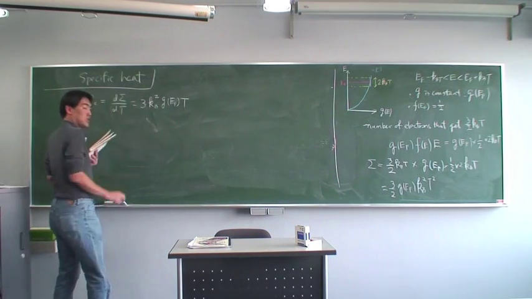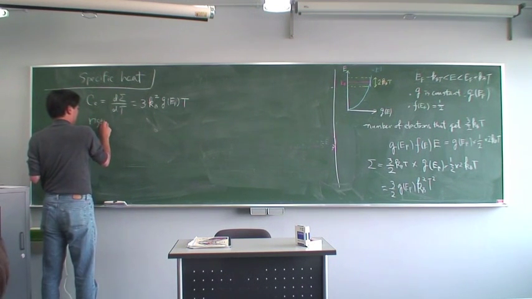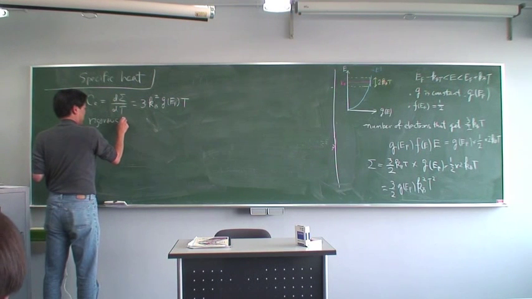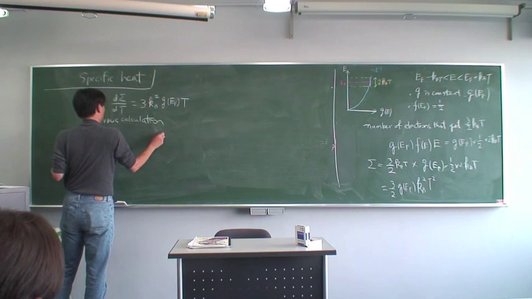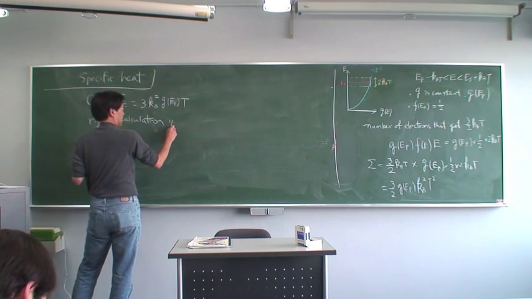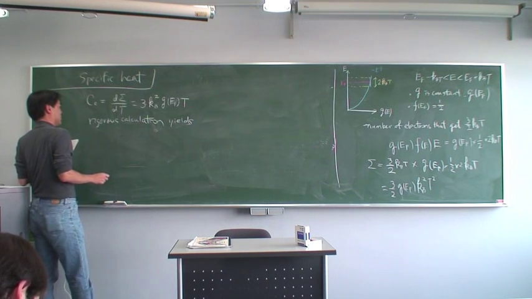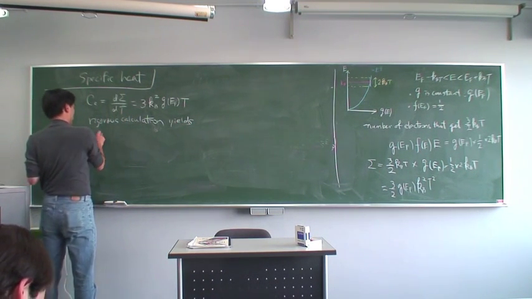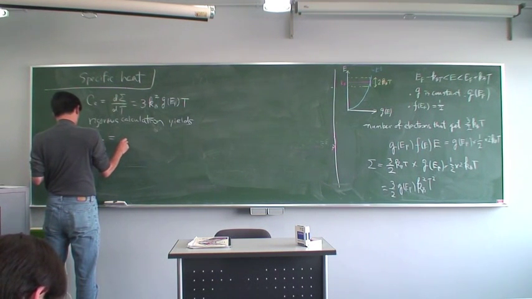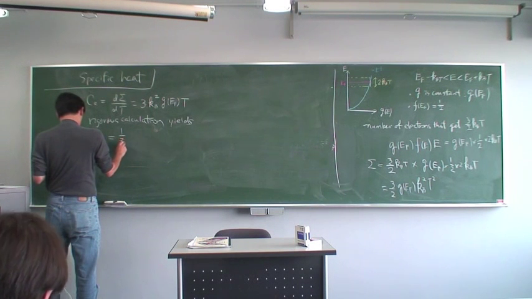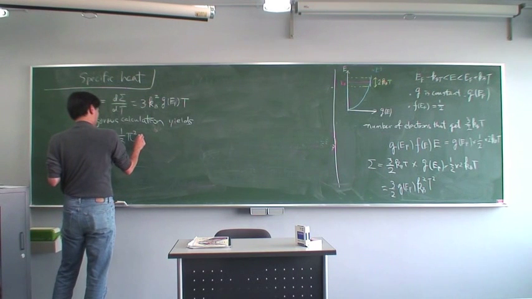If you do the rigorous calculation, it yields something like CE equals 1/3 pi square k.